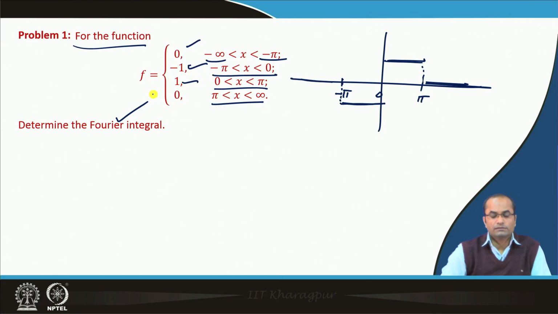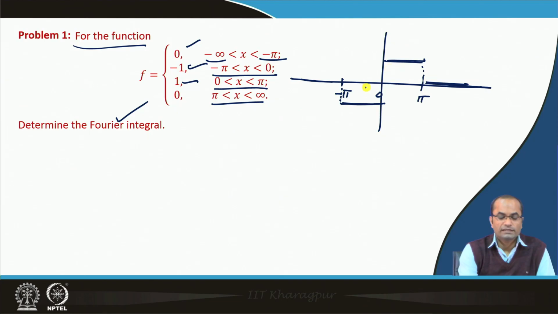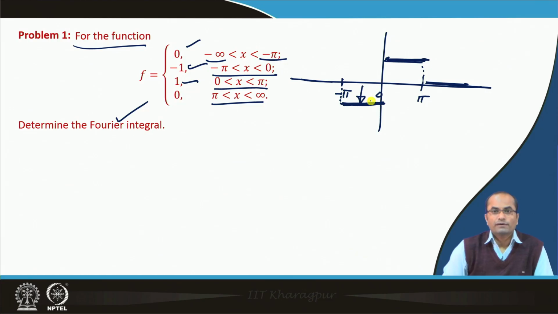What is to be noted in this case is that this function is an odd function. Whatever values we have for the positive side, it is just minus of that in the negative range. So, this function is an odd function, and naturally the a alpha will become 0, and we have to only compute b alpha.